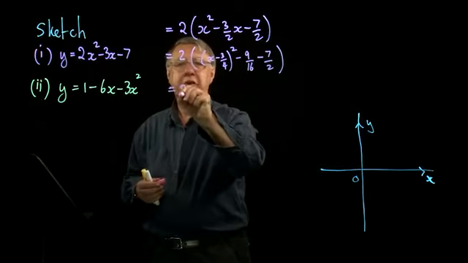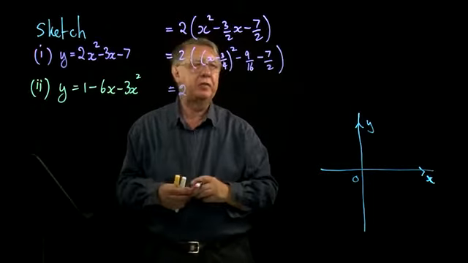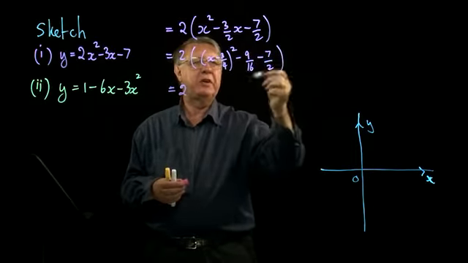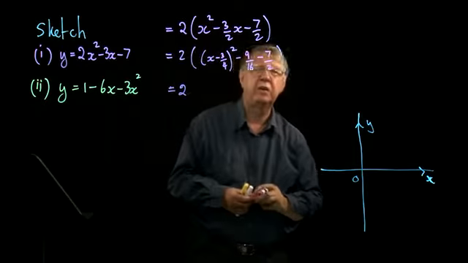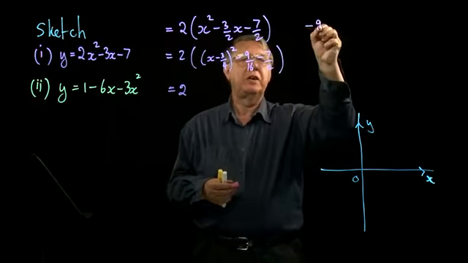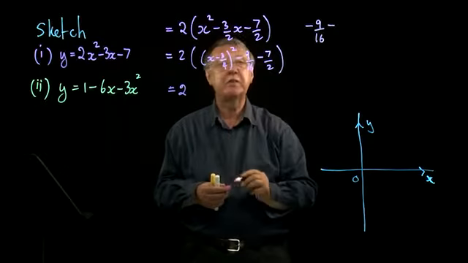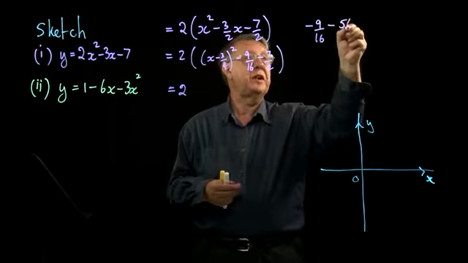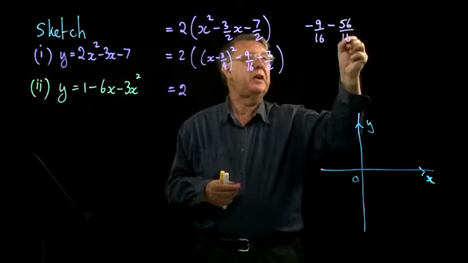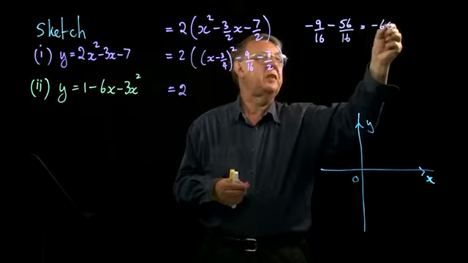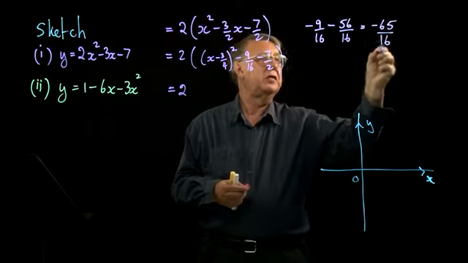Now, you need to be, again, confident with the fractions. What are you thinking of here? Well, we need a common denominator of 16. So we need 9 over 16, and we need to multiply top and bottom by 8. So that's 56 over 16. 56 and 9 is 65 over 16.